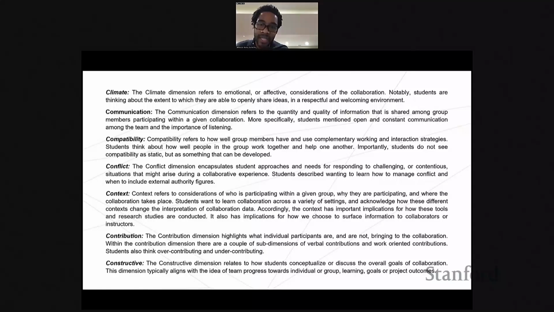I won't go into the detail about all these categories, but they started to help us inform the ways that students seem to be thinking about collaboration. And that's important because what we've been developing is an interface and really a data analytics dashboard that is there to try to support students in real-time as well as post-hoc collaborative sessions.